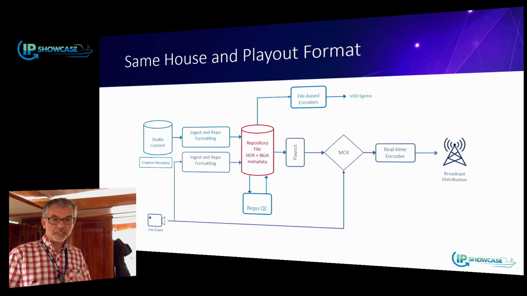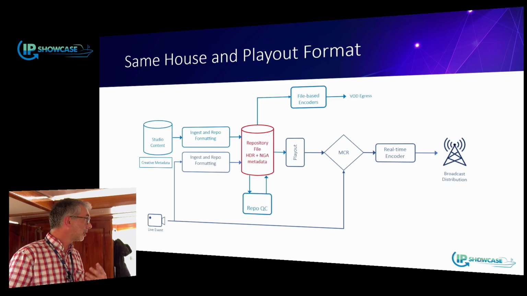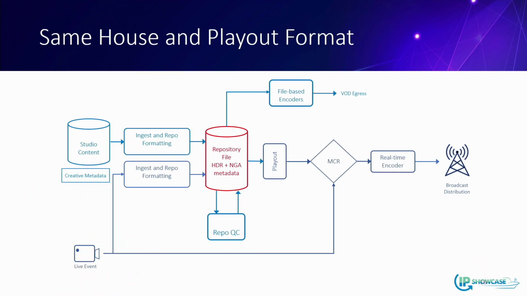Okay, so with this repository file, there's two options, or configurations, that it's worth talking about. There's what we call the same house and playout format, where you have a single repository file, and you're using that both for VOD encoding and for linear playout.